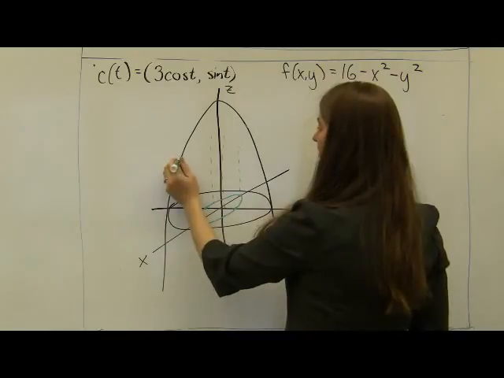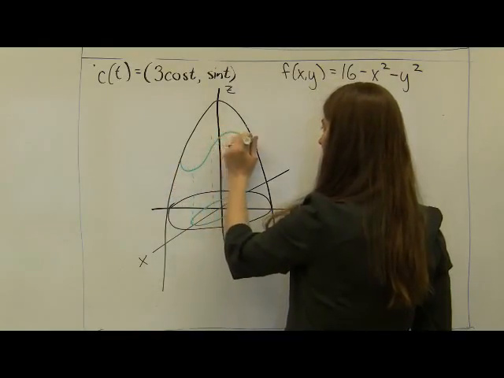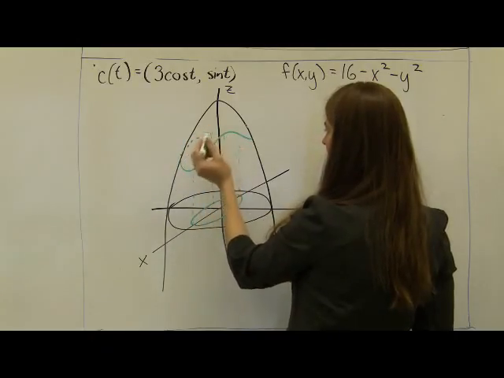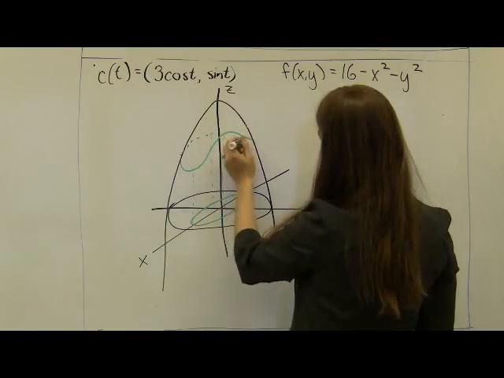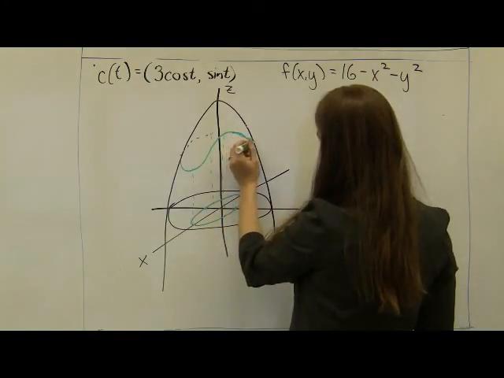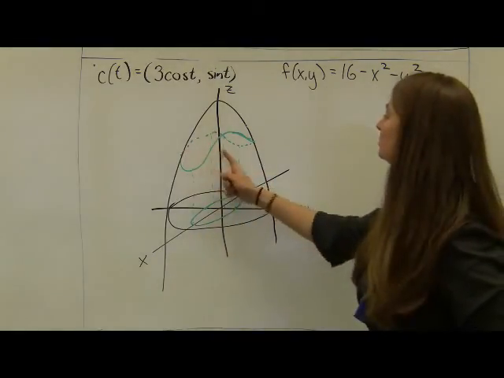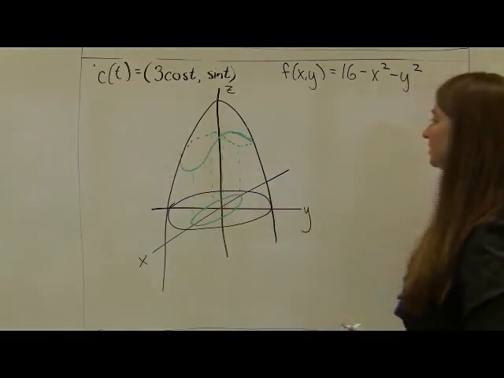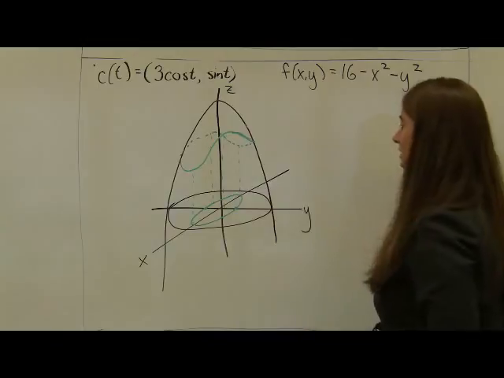And if I trace in these lines, I end up with a path that looks something like this, as I travel up and maybe down, around that way. So as the probe travels along this path, it's going to go up and down along the curvy mountainside. My picture isn't perfect, but it gives us an idea of what's going on.